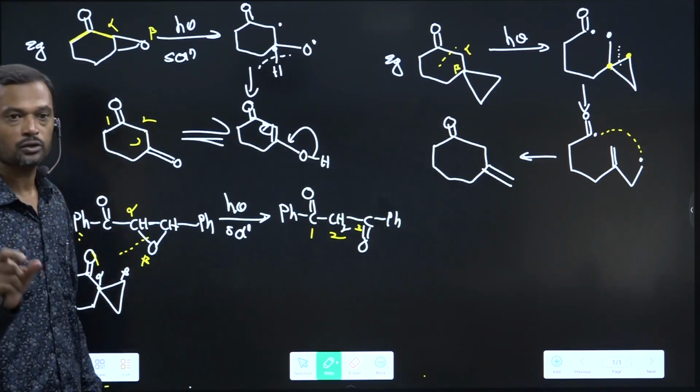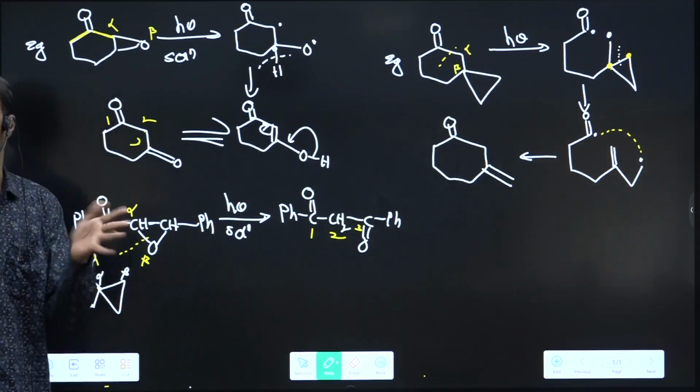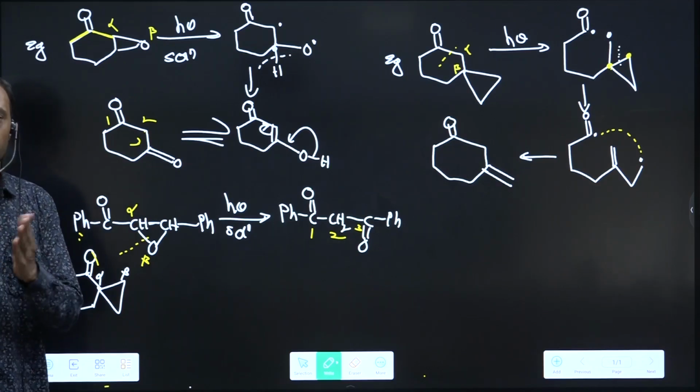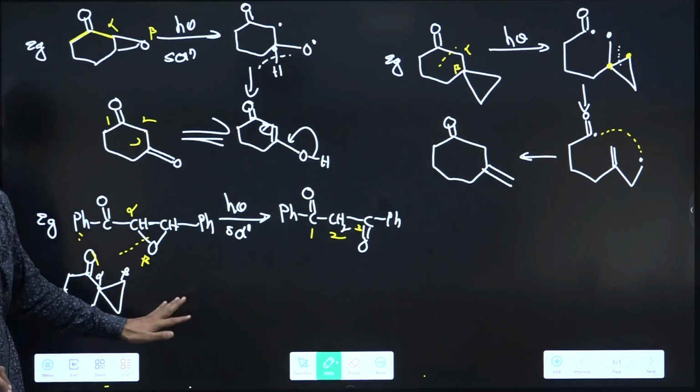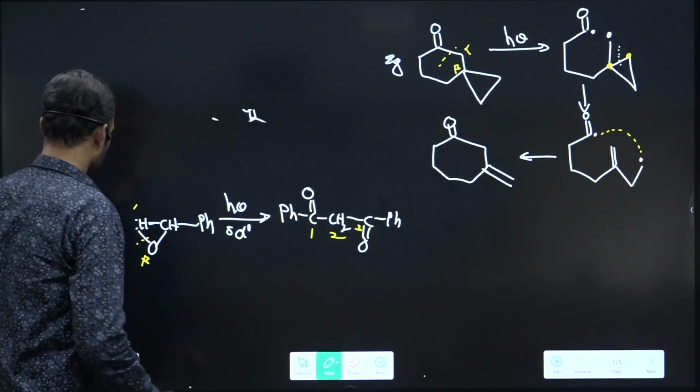Carbonyl alpha bond cleavage is called Norrish I cleavage. Norrish I cleavage is constant, but products change. Depending on physical state and solvent, your answer may change. Clear? So that is the end of Norrish I.